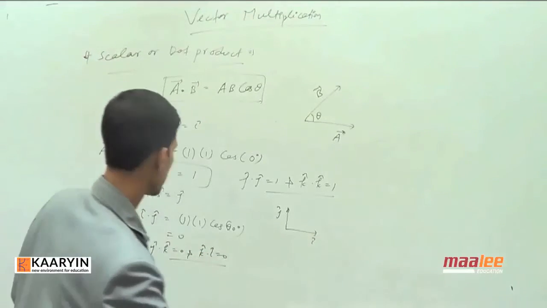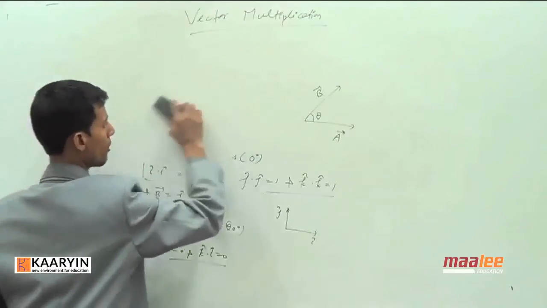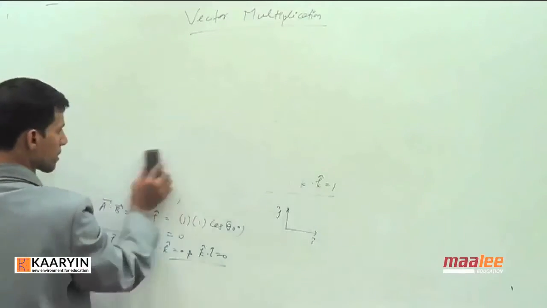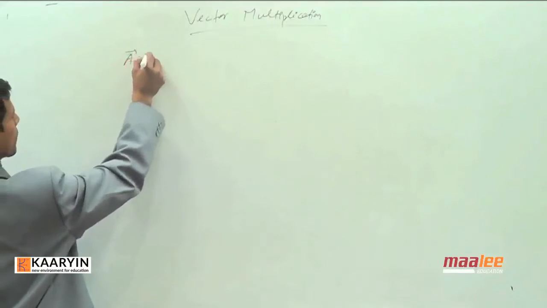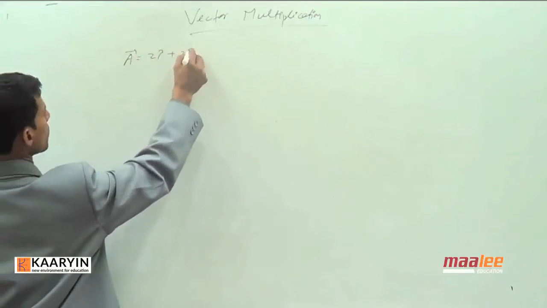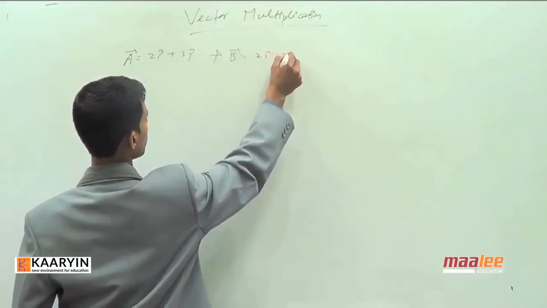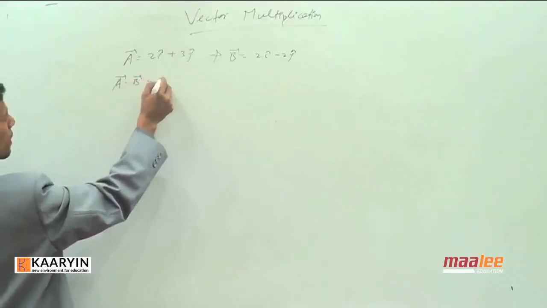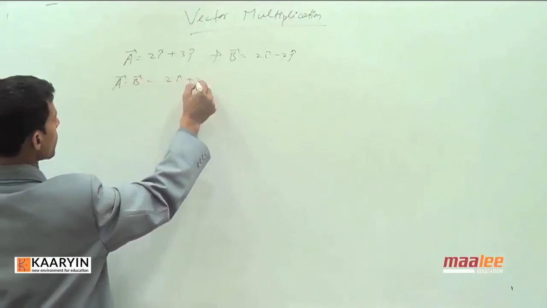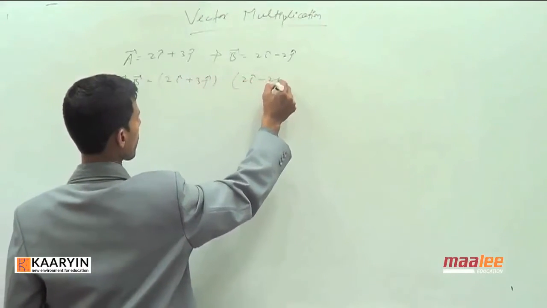Now we will see a small problem using this principle. Suppose we have a vector A, 2i cap plus 3j cap, and a vector B, 2i cap minus 2j cap, and I have to find A dot B. Then 2i plus 3j dot 2i minus 2j.